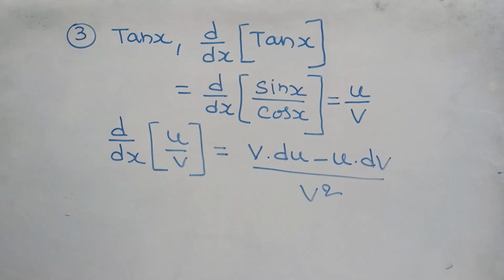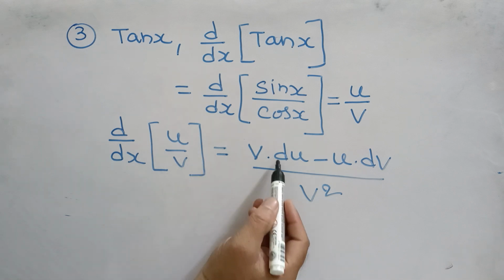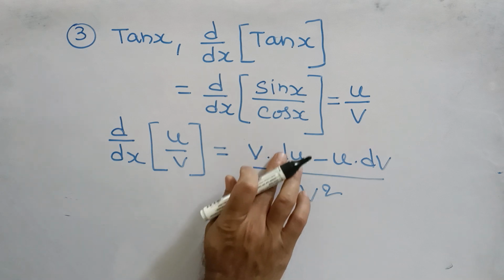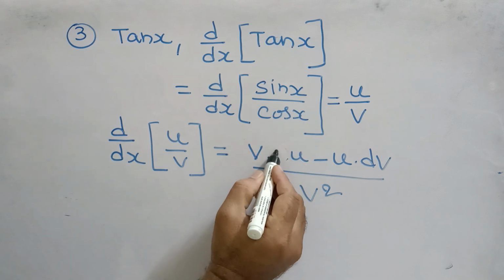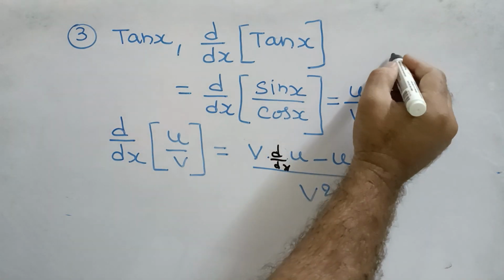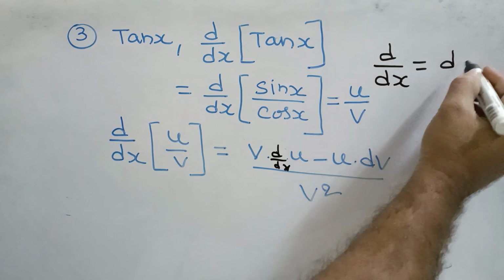If any function is given in this fashion, u by v, then v is the denominator, and du is nothing but the differentiation, d by dx of u. Don't confuse here. Sometimes d by dx can also be written simply as d.